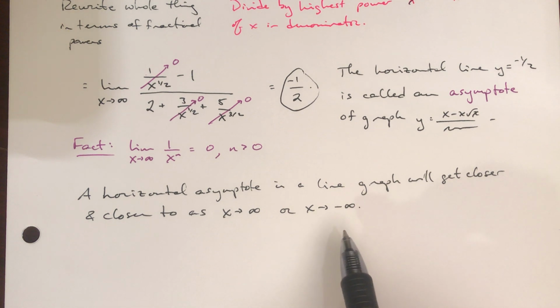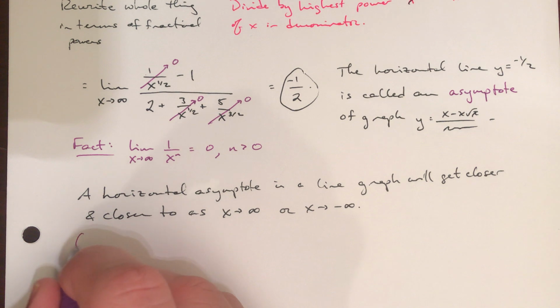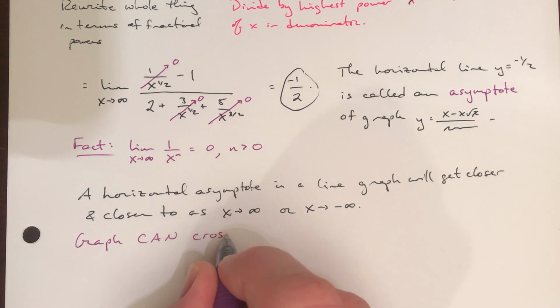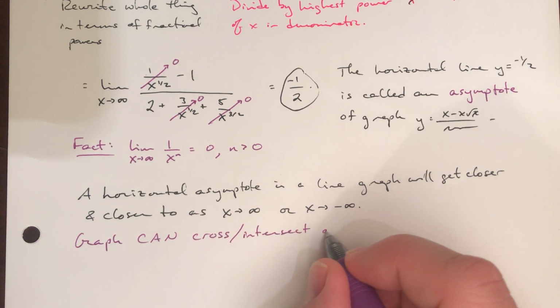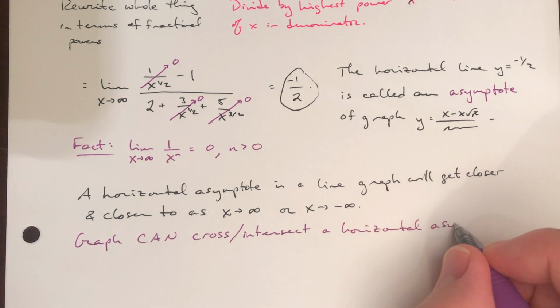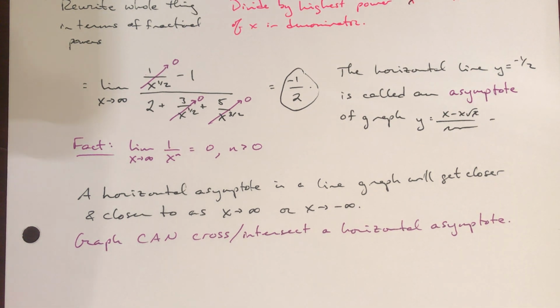I did not say that it can't cross an asymptote. The graph can cross or intersect a horizontal asymptote. And I'll give an example here in just a minute where that is exactly the case. But the point is that it's going to get closer and closer and really stay close to that horizontal asymptote.